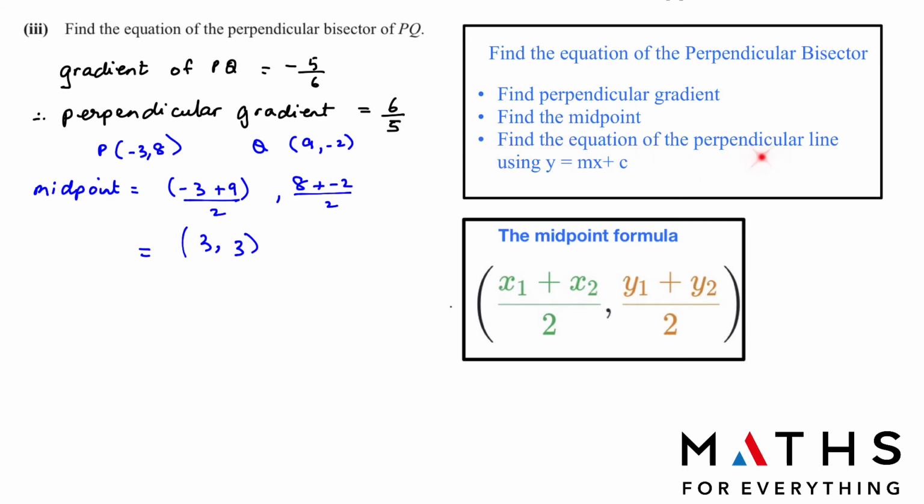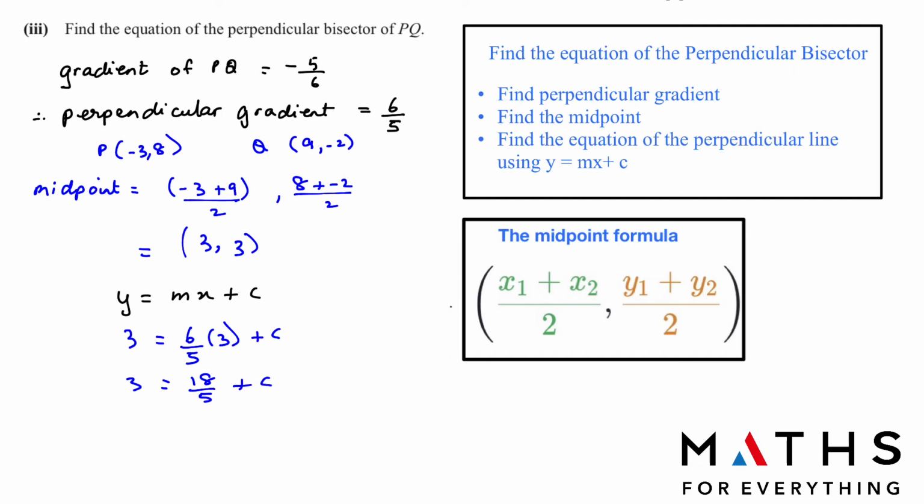Now we have to find the equation of the perpendicular line using y is equal to mx plus c, using the gradient and the midpoint we found. So y is equal to mx plus c. Replace the y with 3, the gradient with 6/5, and x with 3. This will give you 18/5 plus c.